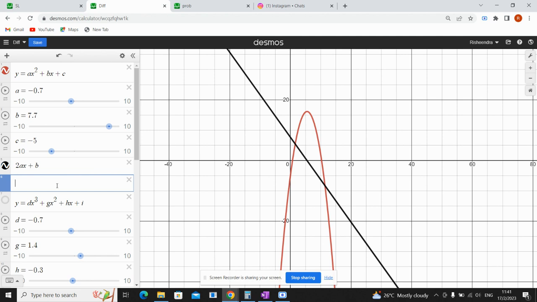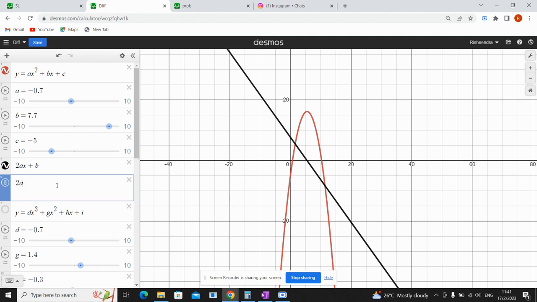Now let's double differentiate this. Ax square plus bx plus c, if we double differentiate it, it will be 2a. You get it? What is 2a? y equals 2a, a straight line, right?